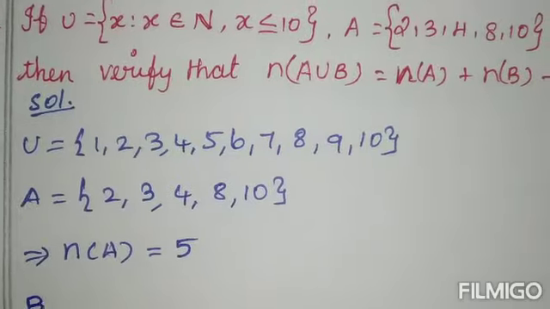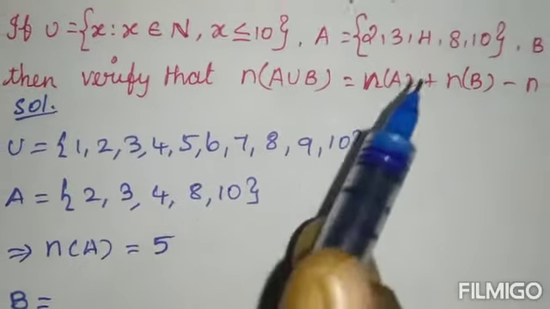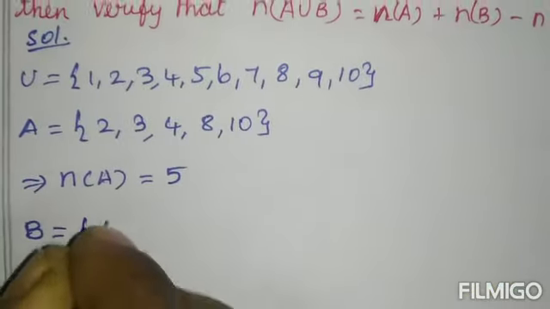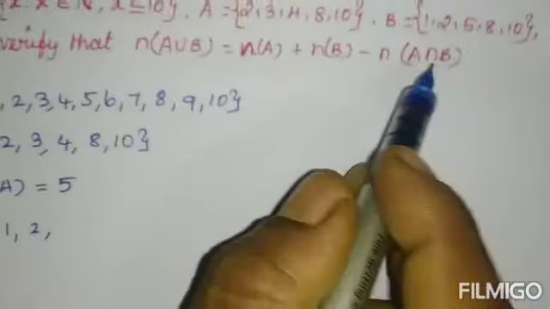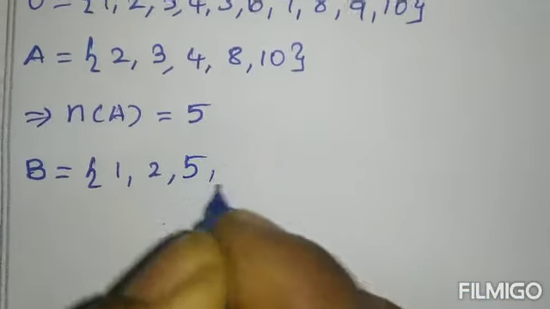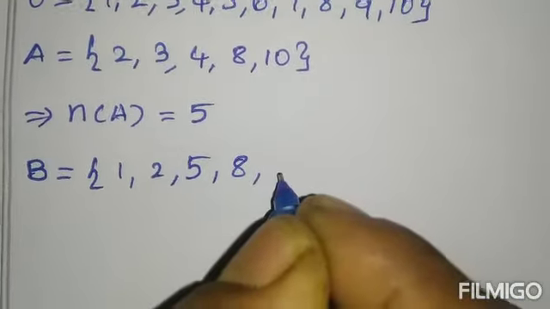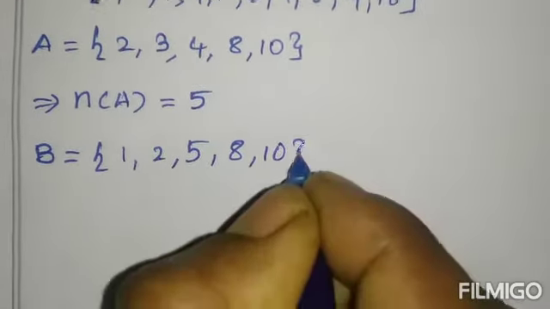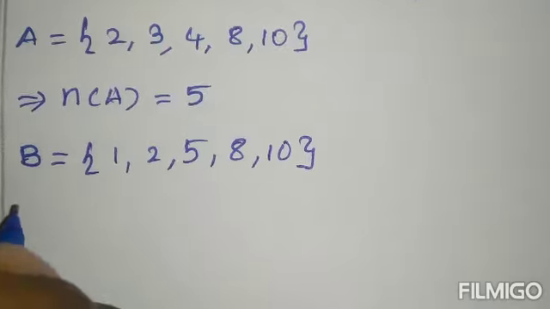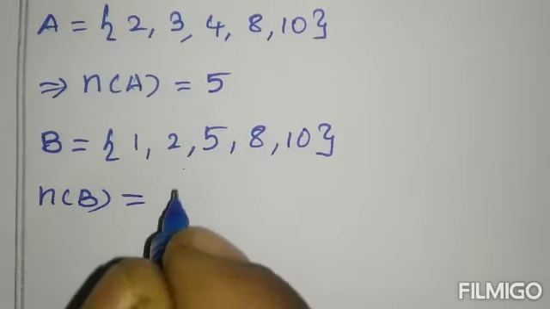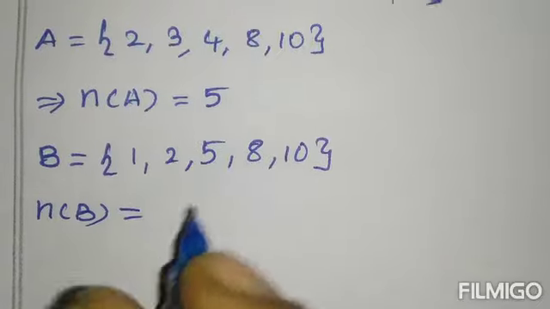Next B. The B set is given: B is equal to the set of all 1, 2, 5, 8, 10. Then n of B, that is the number of elements in the set B, is 1, 2, 3, 4, 5.